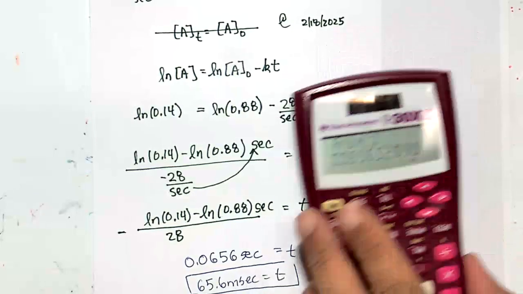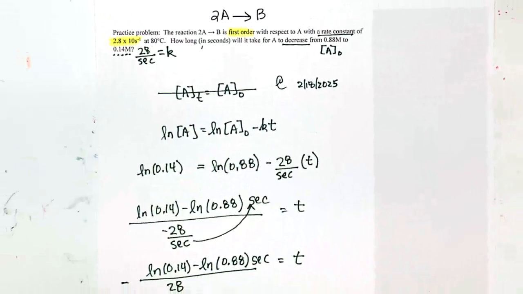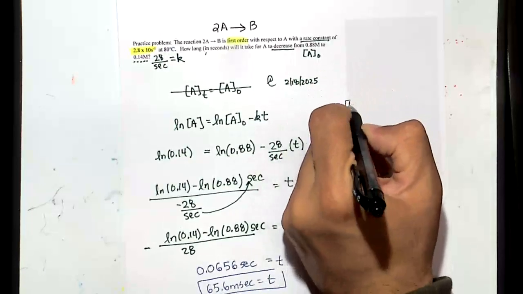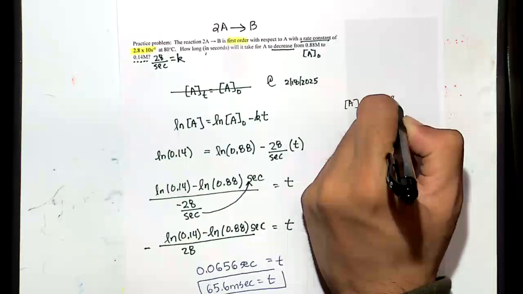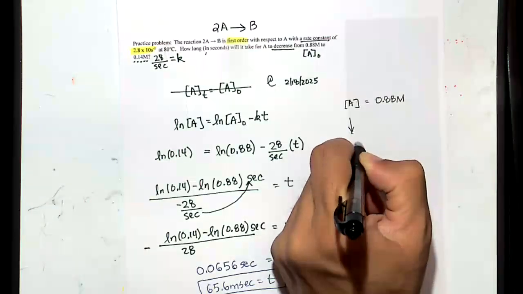All right, so how long does it take for this reactant A to go from a starting amount of 0.88 down to 0.14?